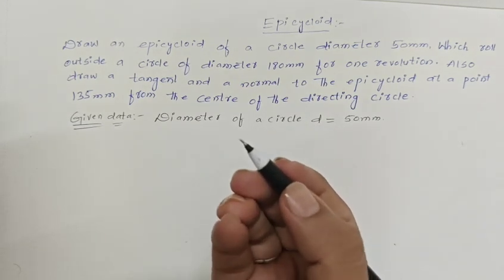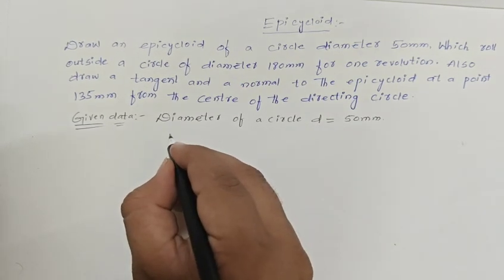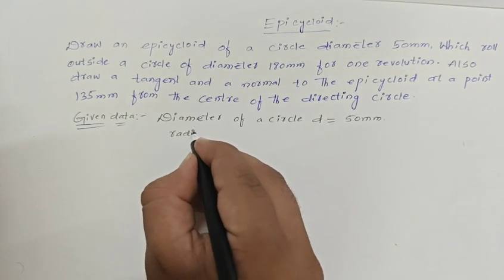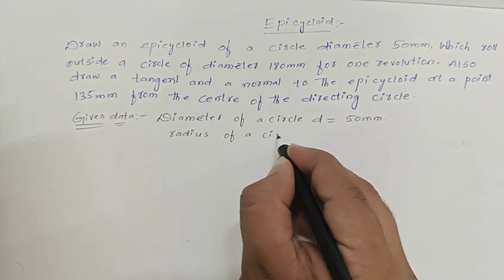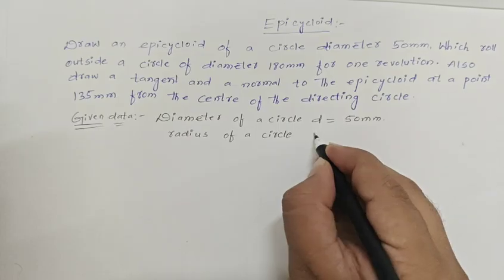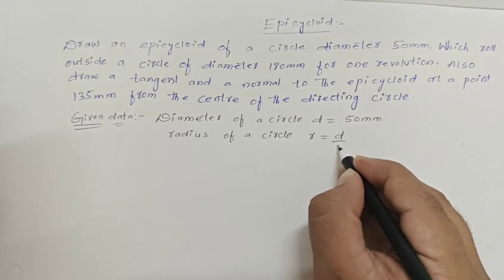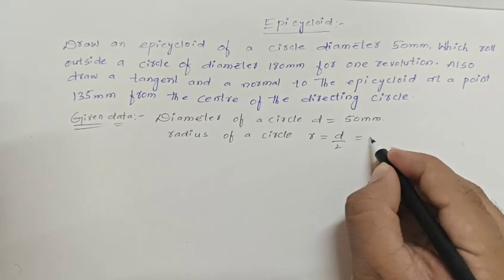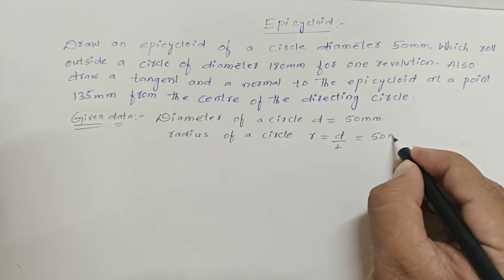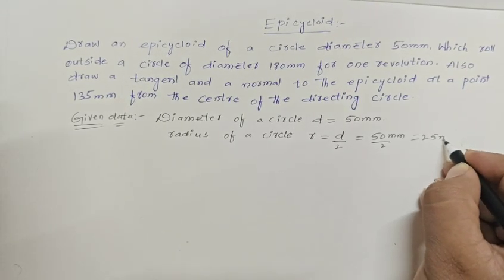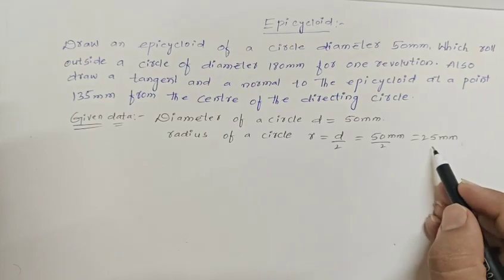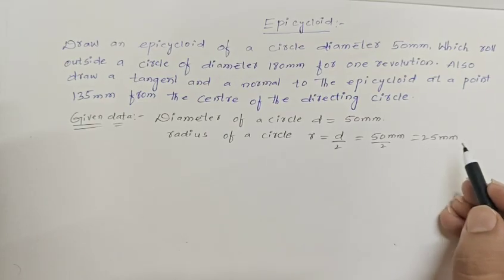We need to find the radius of the circle. Radius r equal to diameter by 2, that is 50 millimeter by 2, nothing but 25 millimeter, which is 2.5 centimeter.